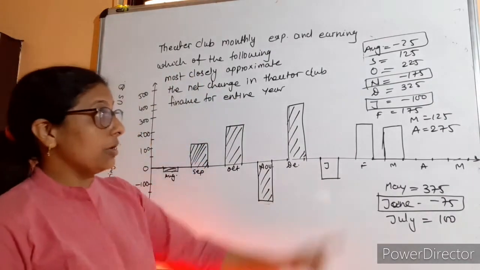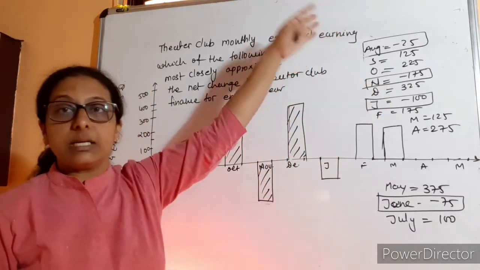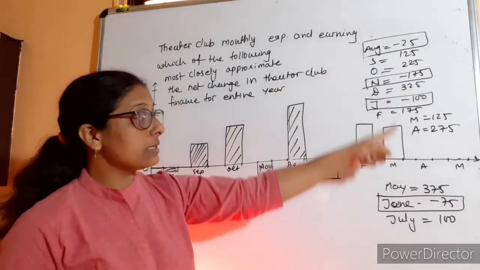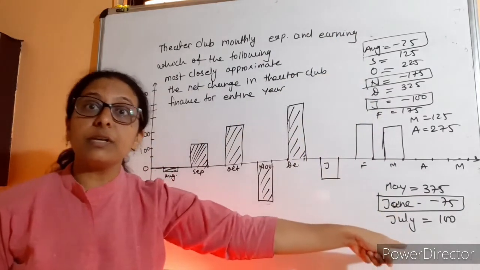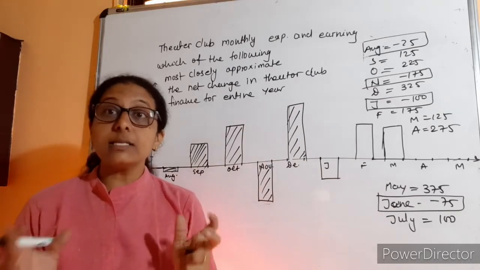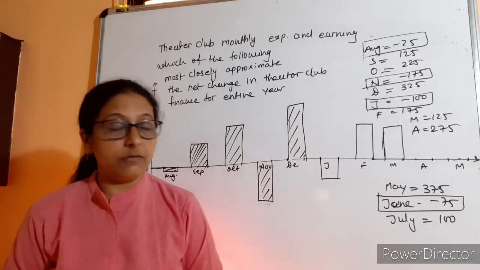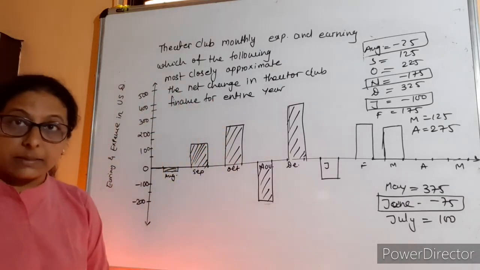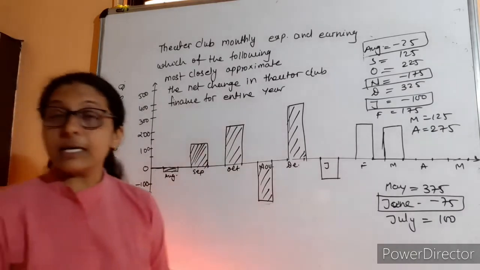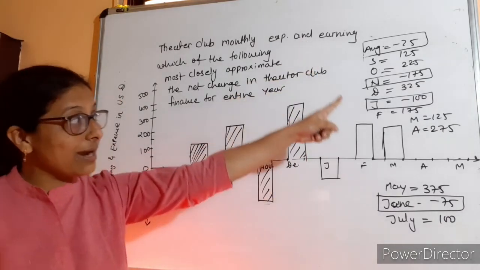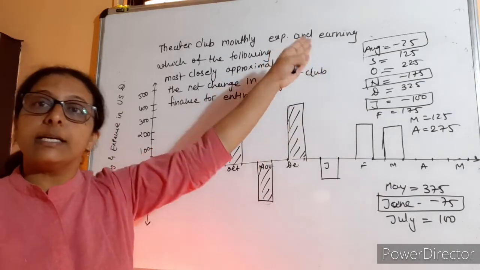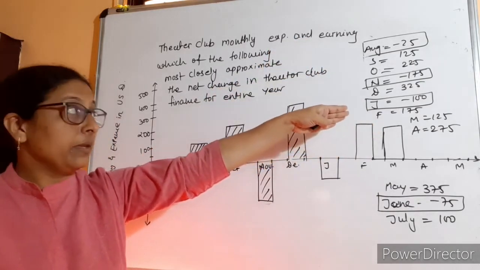That means in one month it gives a profit, in one month it gets a loss. So when you count the net for the entire year, what is the net profit or loss? What is the final account? That is what you want to find here. To find the net change, you just add this whole transaction, in which month it is a loss and in which month a profit.